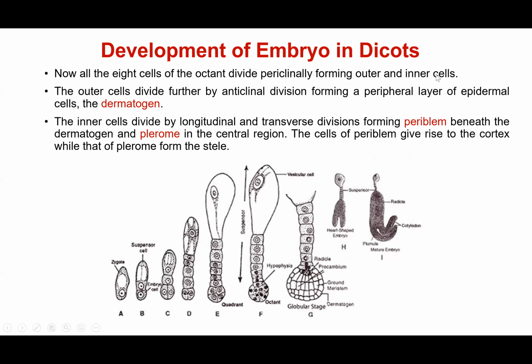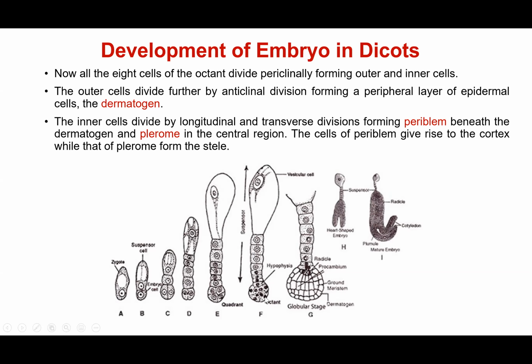I already said in the first class what is the difference between periclinal and anticlinal divisions. Periclinal divisions result in the increase in the number of layers, whereas anticlinal divisions result in the increase in the number of cells in the same layer. So periclinal divisions, whenever they happen, result in 2 layers. So that is what is happening in the octant stage.